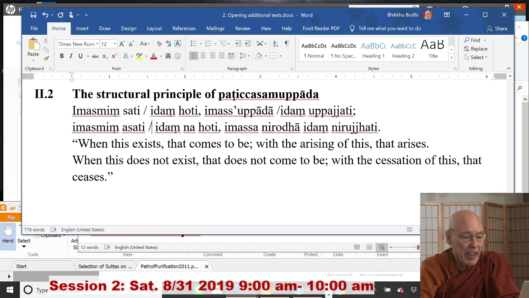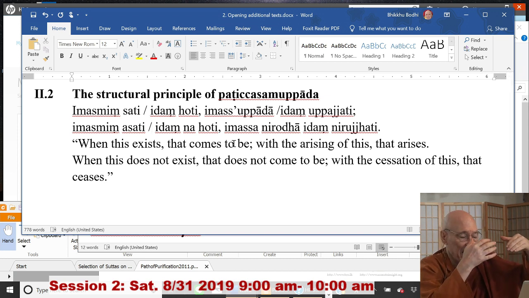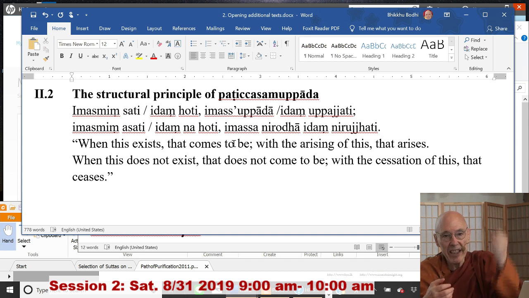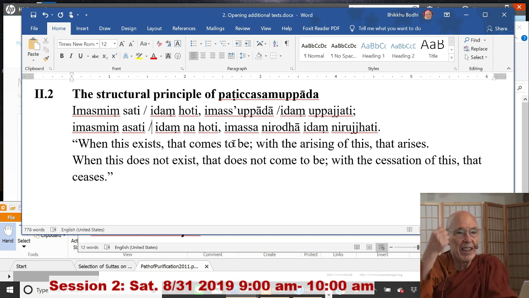With the cessation of this, that ceases. Or through the cessation of this, that ceases. So again, this is expressed, on one side, in terms of existence or non-existence, the non-existence of the effect if the condition doesn't exist. And then on the other side, with the ceasing of the condition, the effect ceases.